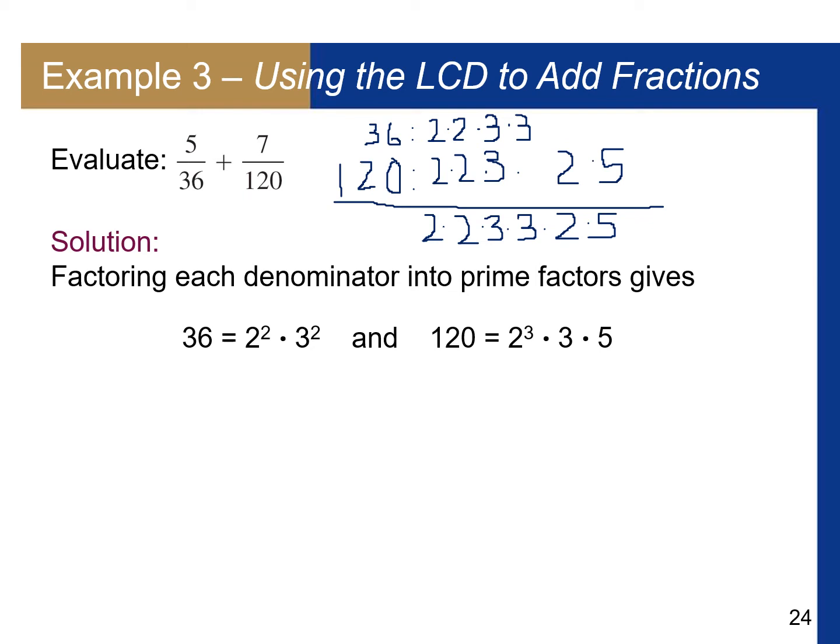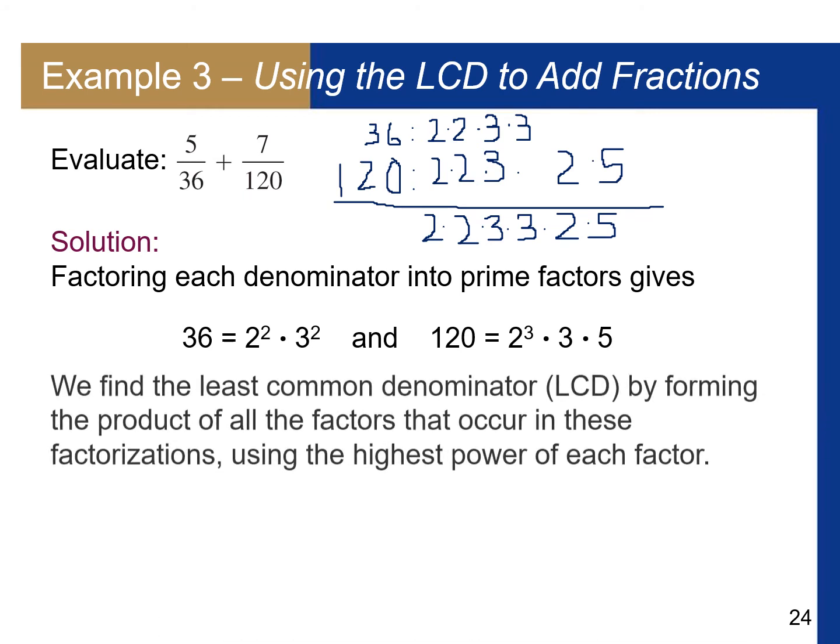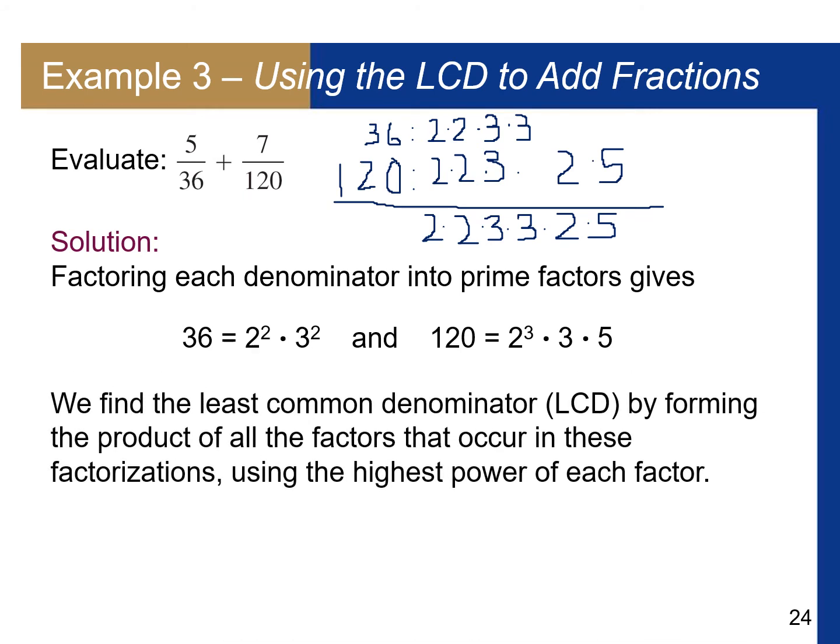So 4 times 9 is 36, times 10 is 360. Now, what they tell you here is that you look at each one and you take the highest exponents that occur. So the highest exponents between this one and this one would be, I'm going to have 3 2's. See, that's why I have 3 up here. Between the 3's, I have 2 is the highest exponent, so I have 2 here, and I have 1 5. So whichever way is easier for you, either way, we're going to see that we get 360.